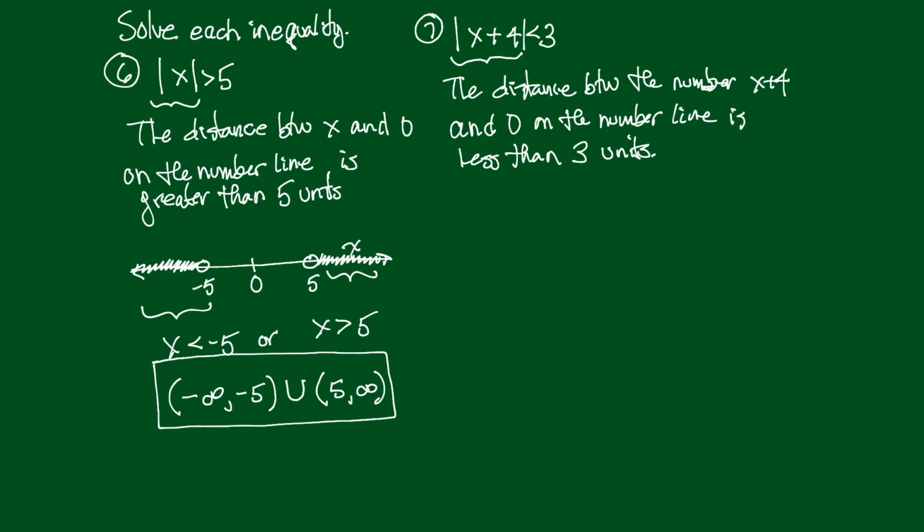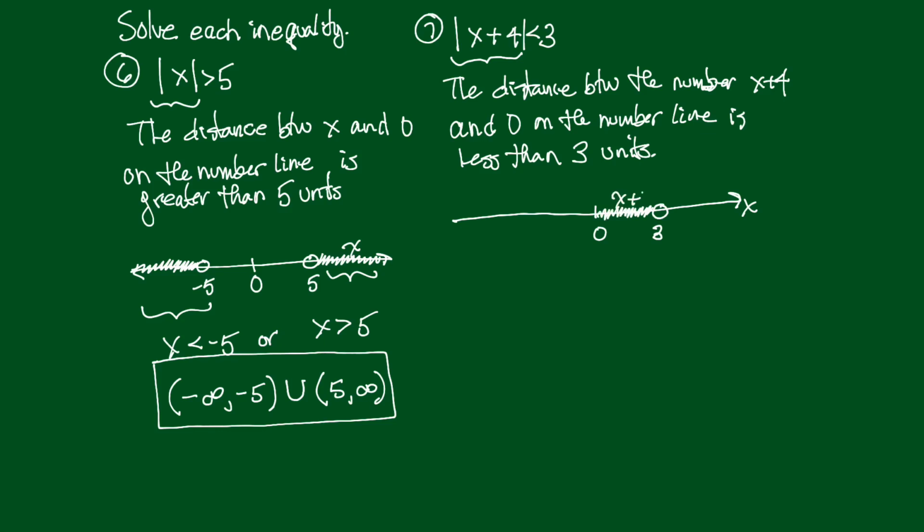Now draw a picture that matches this translation. Here's my number line, there's x, here's 0. Now where is this x plus 4? The x plus 4 has to be less than 3 units from 0. So if I went out on the right, if I went out to 3, now it doesn't include 3, so open circle around 3. So x plus 4 could be anywhere in here, because anywhere in here is less than 3 units.